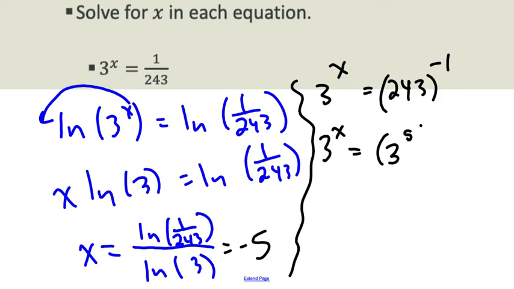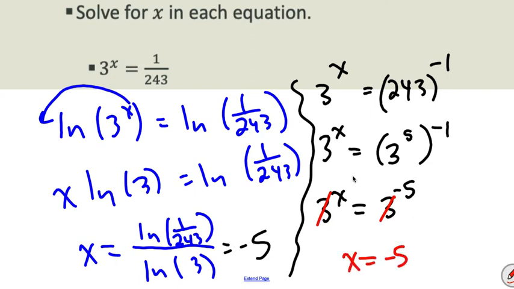So we can write that as 3 to the 5th power raised to the -1st. So basically what we're left with here now is 3 to the x power is equal to 3 to the -5th power, because we just multiply these two. If your bases are the same, then we can get rid of them, we can cancel them, and just say x equals -5.